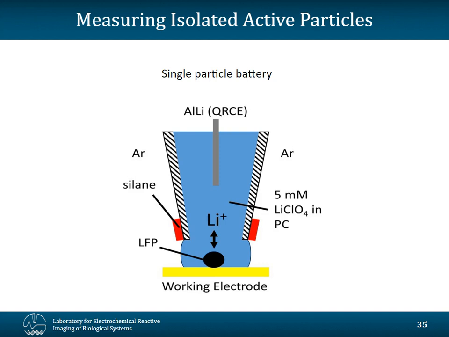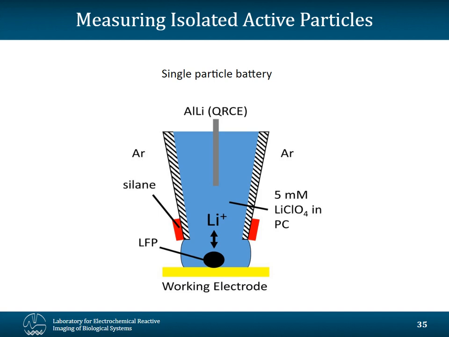So in this case, here's the experimental setup if you want to look at very small battery material aggregates. Rather than using the classical microelectrode that we discussed in the previous story, here we would be using a hollow micropipette, which is filled with an electrolyte.